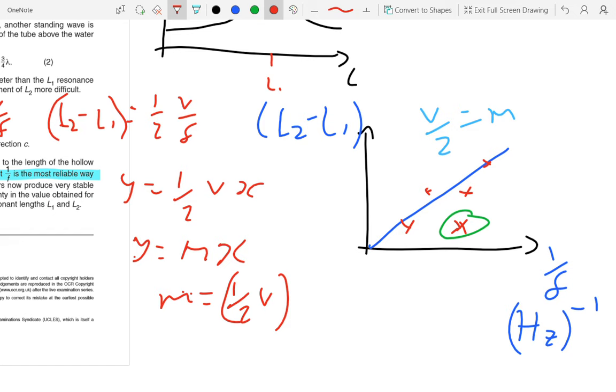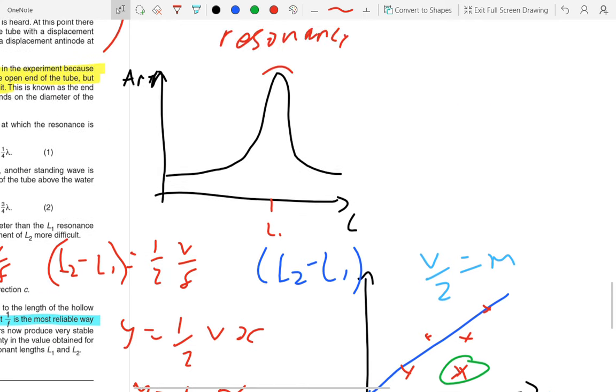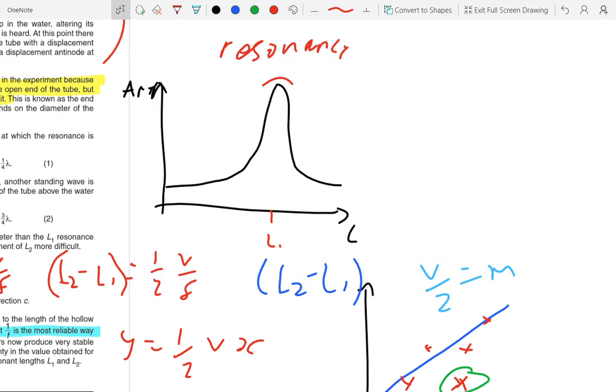I think that's about everything. Oh yeah, so the resonance graph as well, it could ask you to draw that or identify the correct resonance plot. So it tells you a little bit about the resonance that we're expecting.